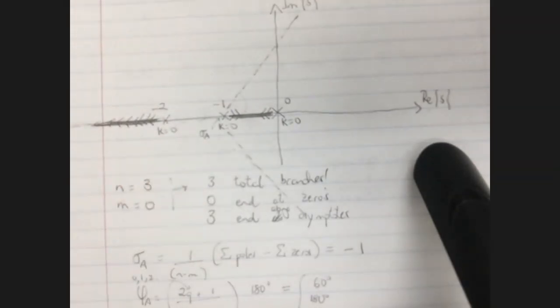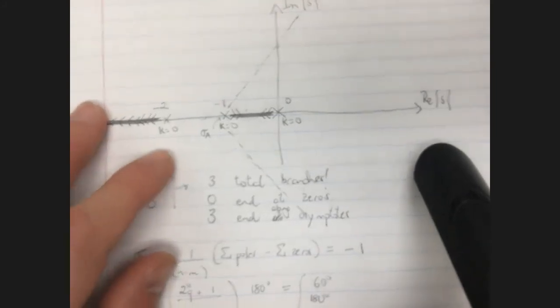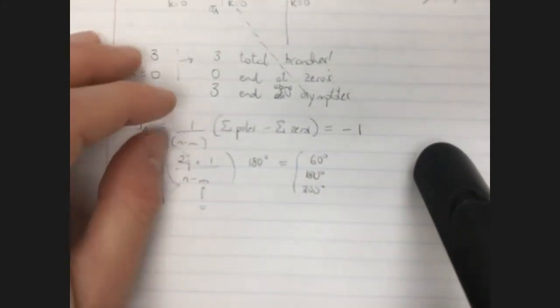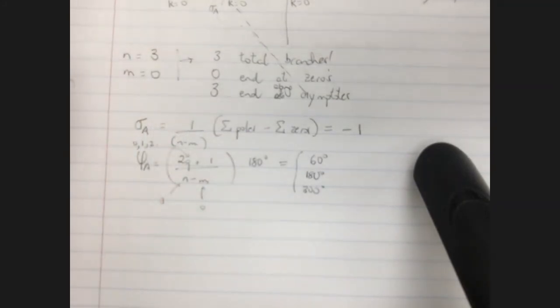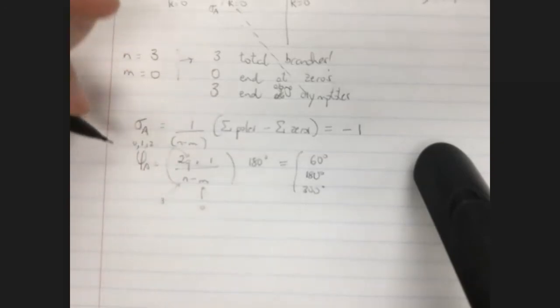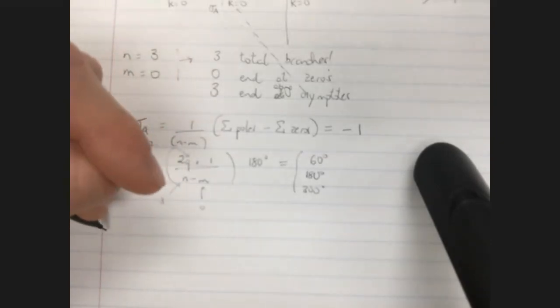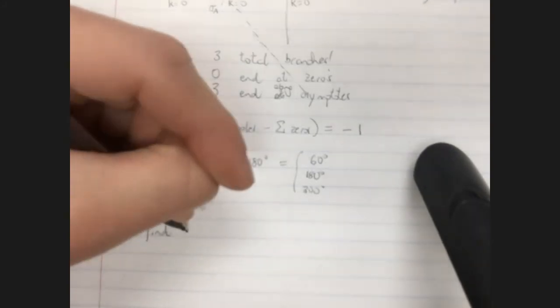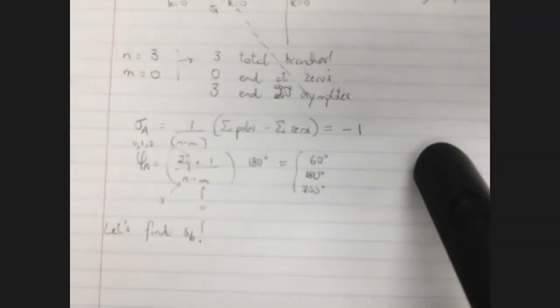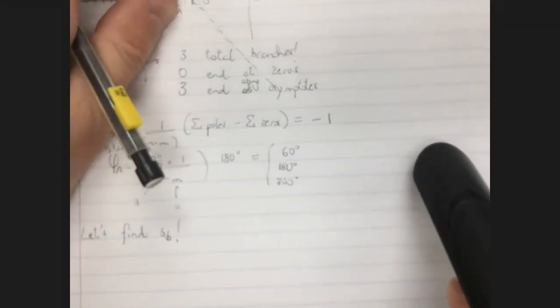Okay, so already I've got steps 1 through 3 taken care of. Let's go into step 4, which is my formula of D. Let's find SB. So this is number 4, which is the breakaway point. And for that one, I'm going to use the formula of D n prime minus n d prime.